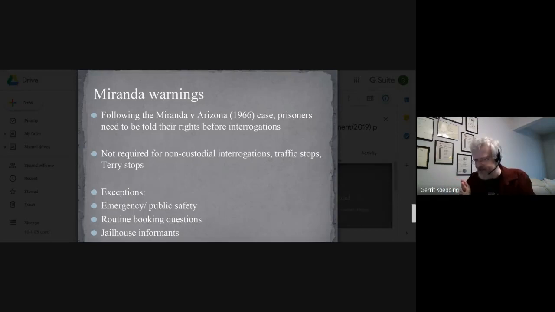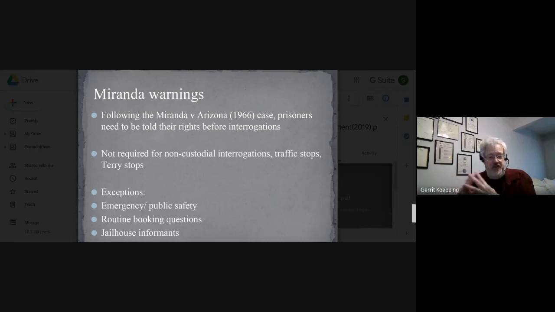And if it's a traffic stop, because that's also of limited duration, they also don't need to Mirandize you. They really only need to Mirandize you if you're in custody, or the average person would think they're in custody. Traffic stops, Terry stops, situations where you can just walk away, no Miranda is required.